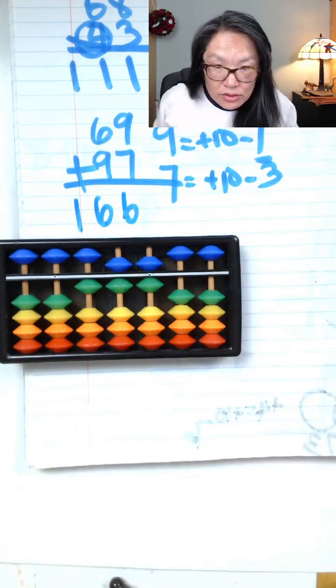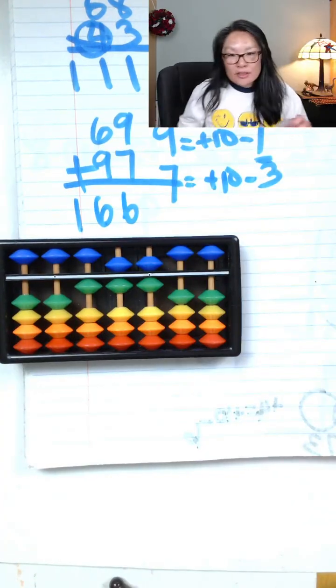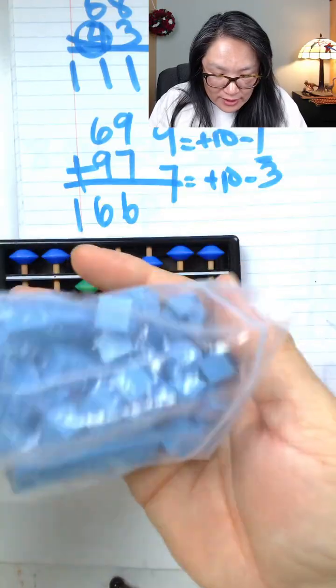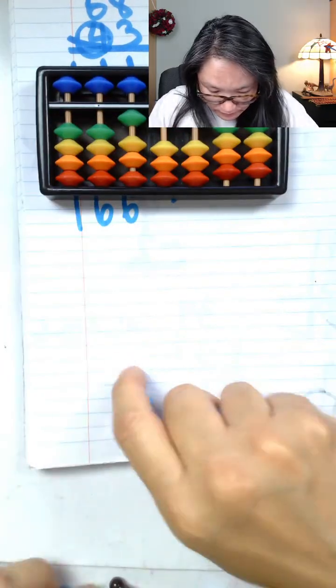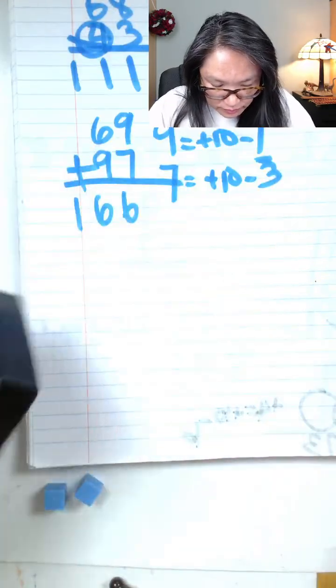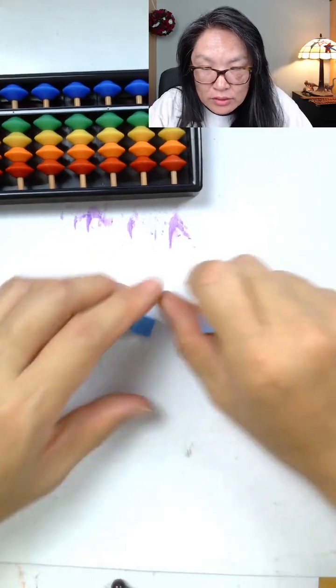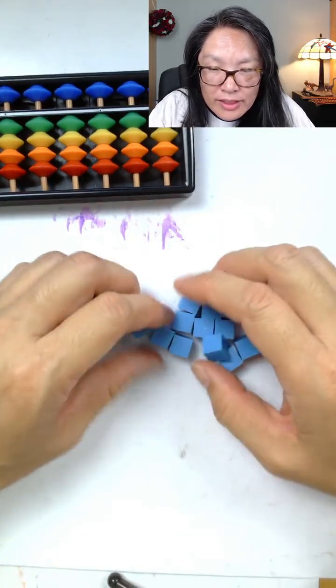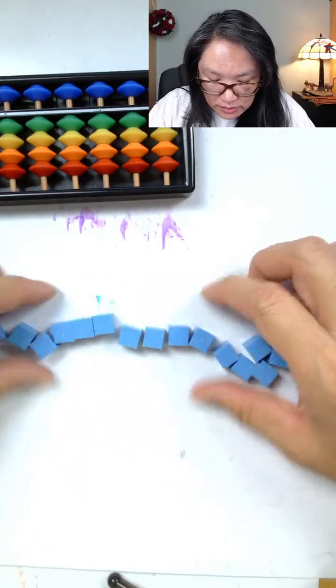All right, Jojo. You have one, is it 10 beads across? Do you always start? No, I start from the top. Hold on.